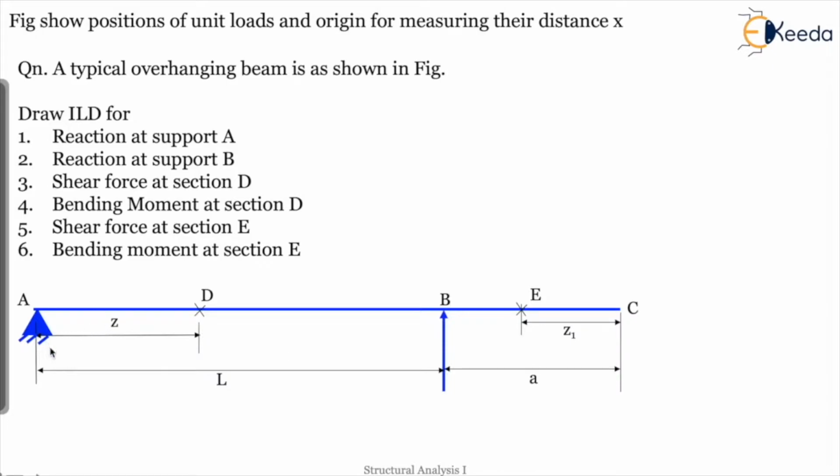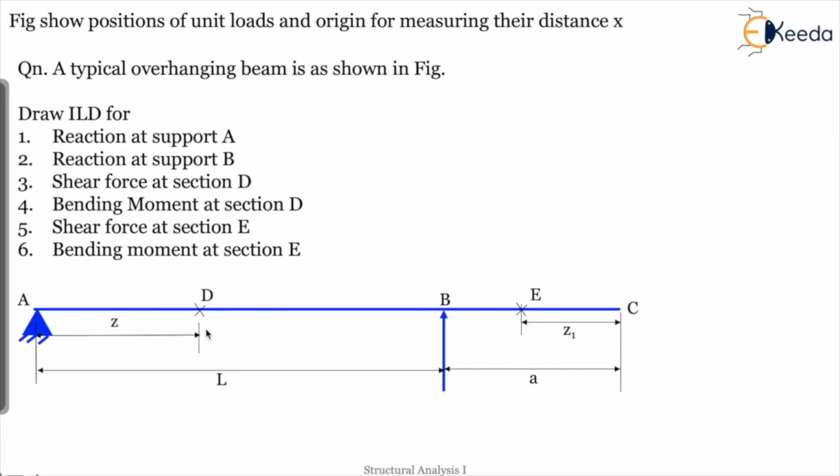Now I want you to see this particular diagram carefully. In this, distance from A to D is given as Z, and E to C is Z1.